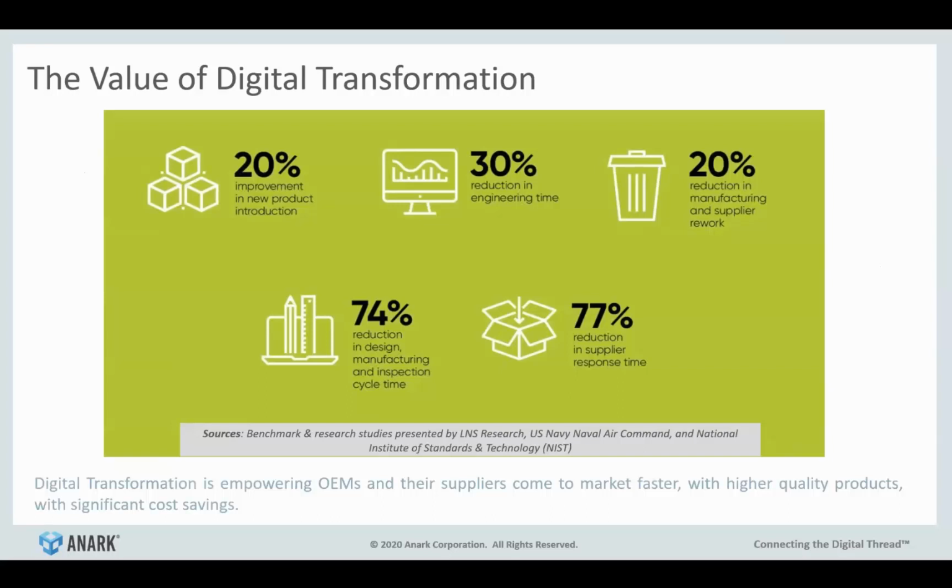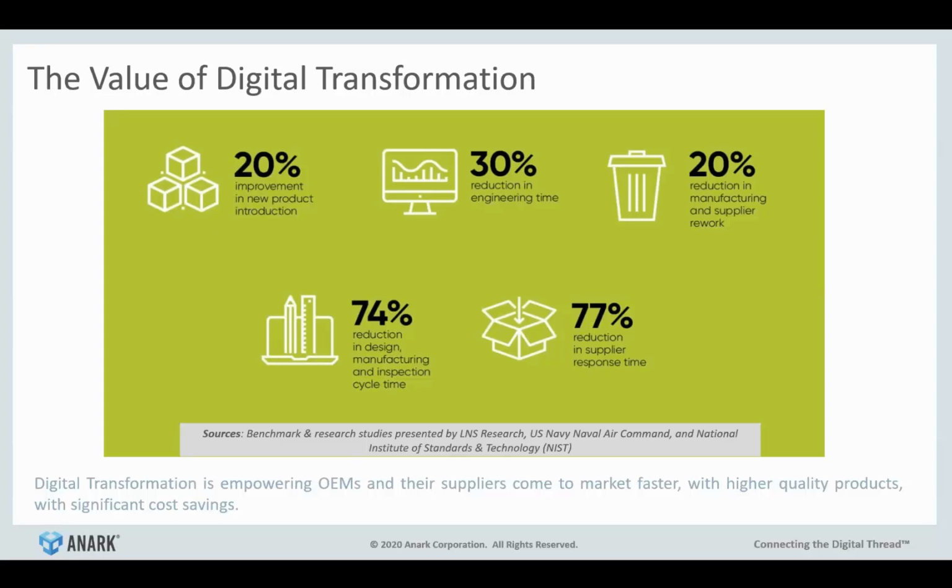So an obvious thing to ask is, what's the ROI for pushing through this type of digital transformation and intelligent information management strategy? The ROI metrics that you see here were results of multiple studies that collected this information. You can see down in the gray box the sources of this data.